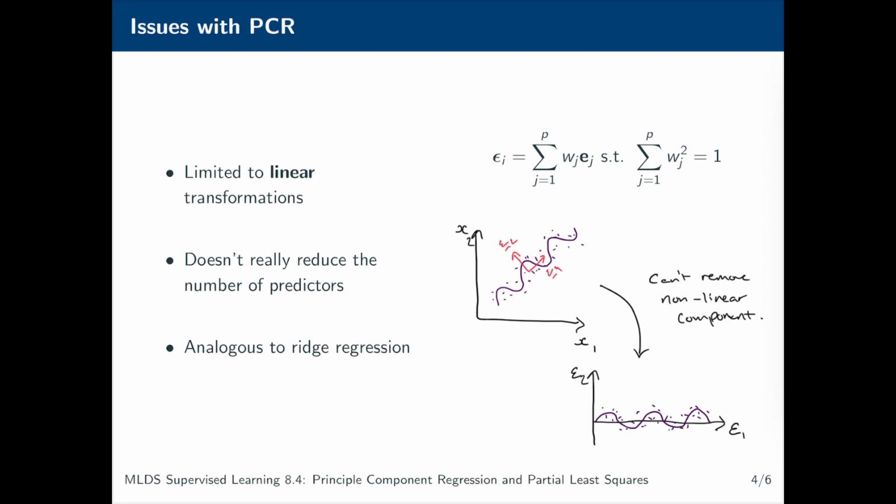So we're not actually reducing the size of our predictor space at all. This is analogous to ridge regression, where we reduce the size of many of our coefficients, but don't set any of them exactly equal to 0. This restriction on our weights, when constructing our new basis, is very similar to those constraints that we saw when doing ridge regression.